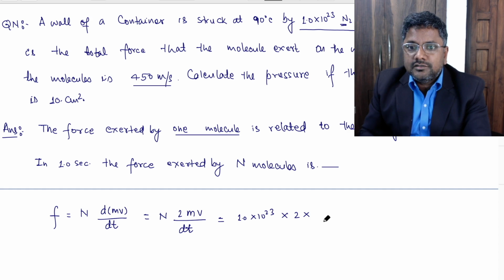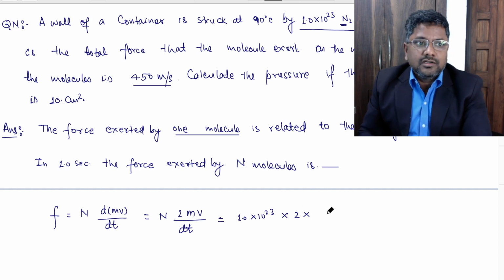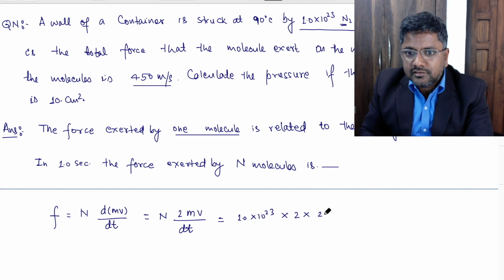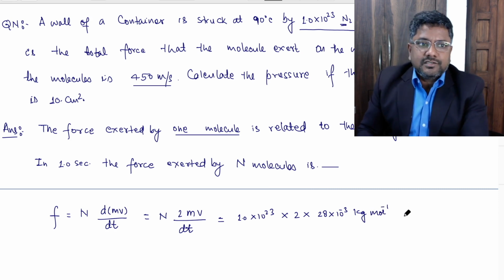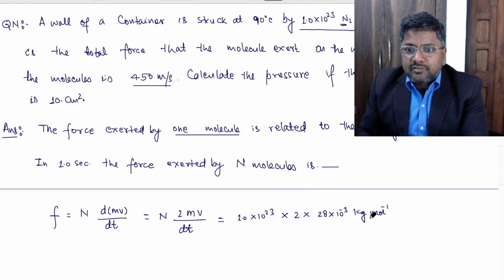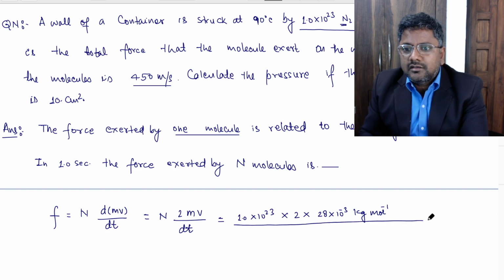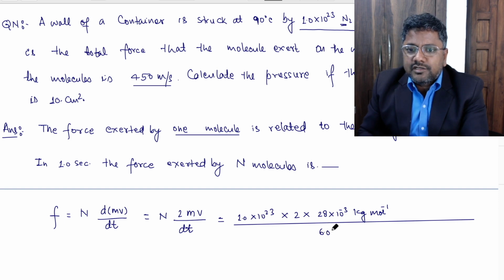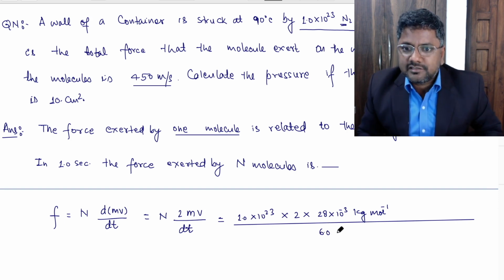So 2 into 28 into 10 to the power minus 3 kilograms per mole, divided by 6.02, or you can take 6 into 10 to the power 23 per mole, right?